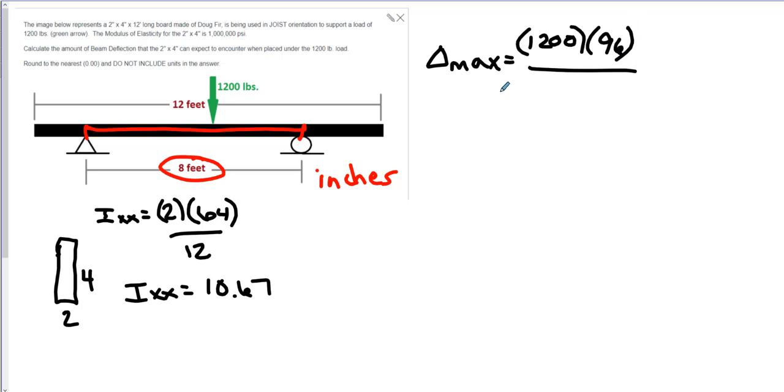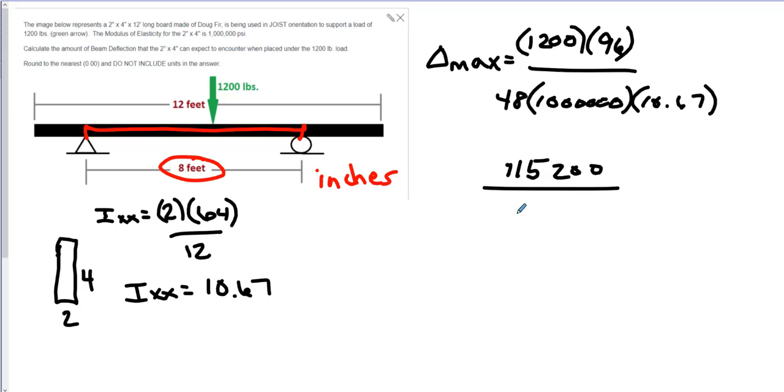Then you go down to 48 times the modulus of elasticity, 1 million, times the moment of inertia, which is 10.67. So we should have 1200 times 96, and 48 million times 10.67.